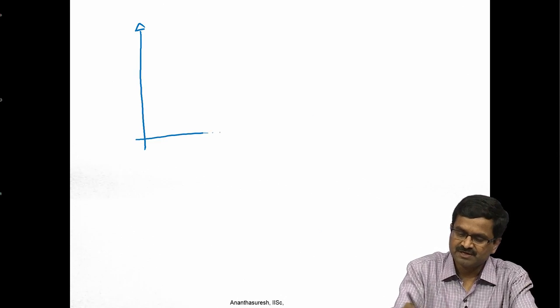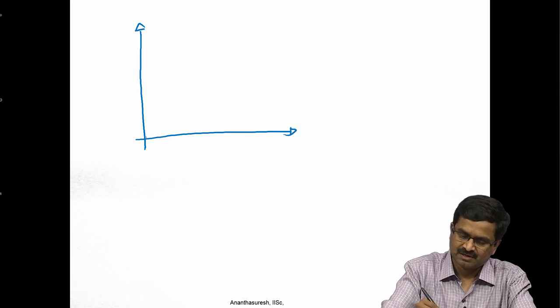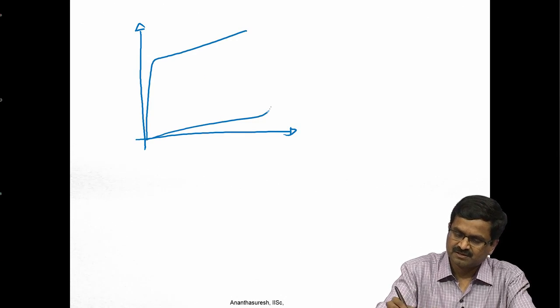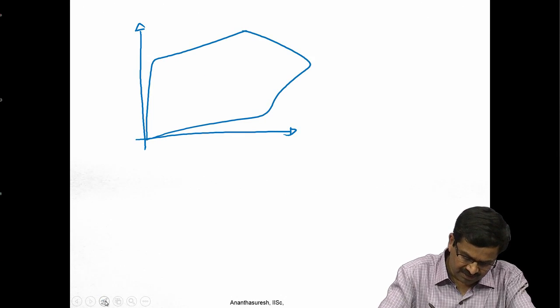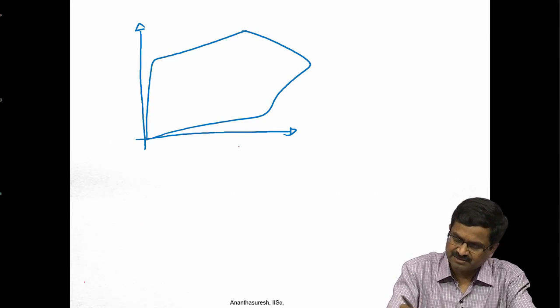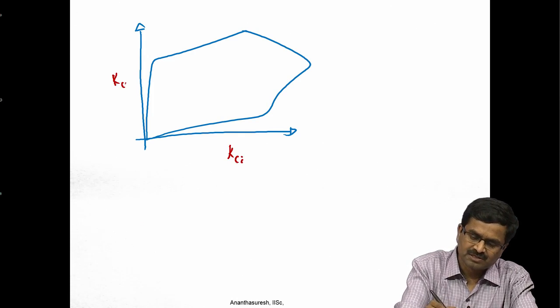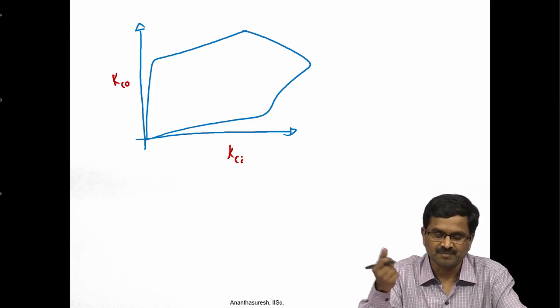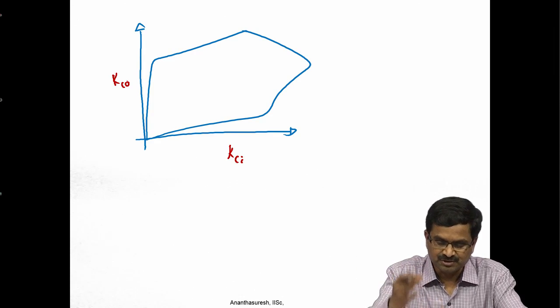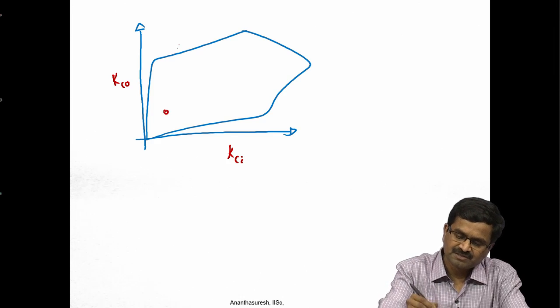So, once we have this feasibility map drawn, let us say it is something like that, this is the feasibility map. Now, every compliant mechanism, now this is let us say KCI, KCO, sometimes you may want to plot KCI and N, depends on the application. So, in the 3 dimensional map it is a projection, then every compliant mechanism will be a dot.